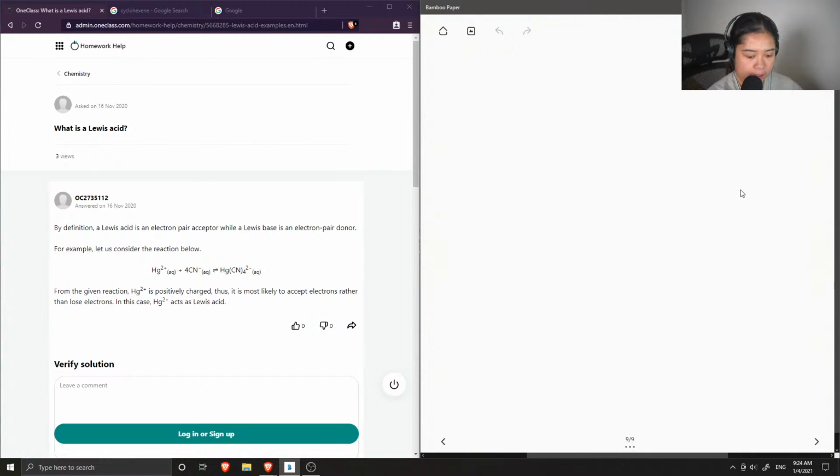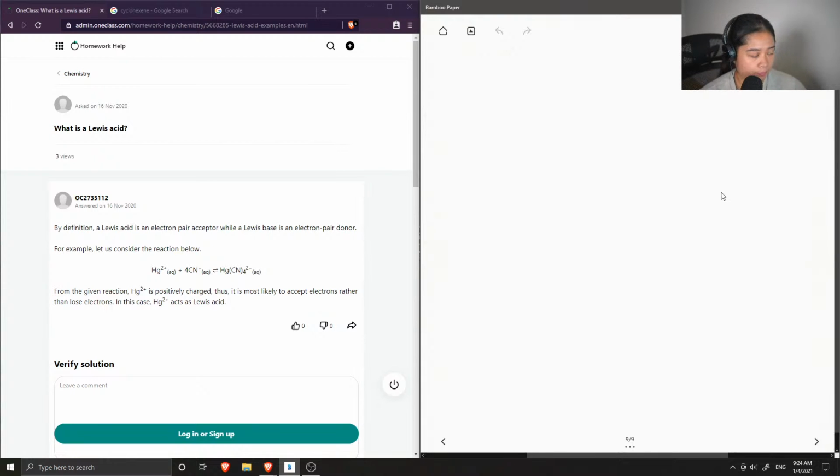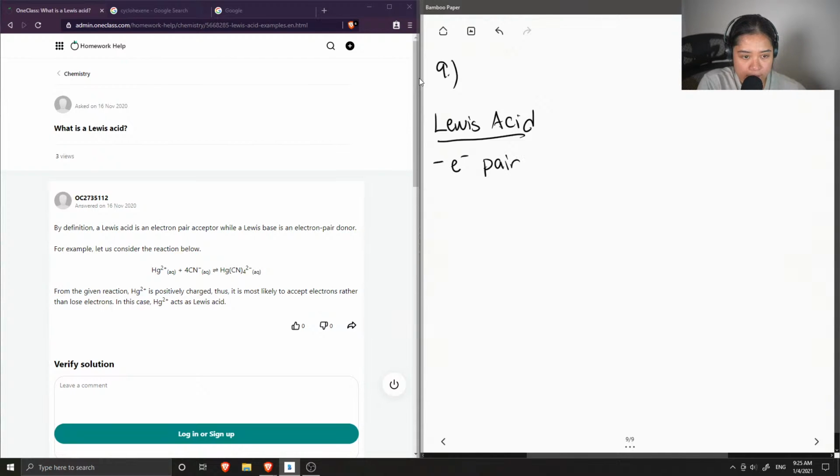Okay, so question number 9 just asks, what is a Lewis acid? So we have a Lewis acid, which is an electron pair acceptor.